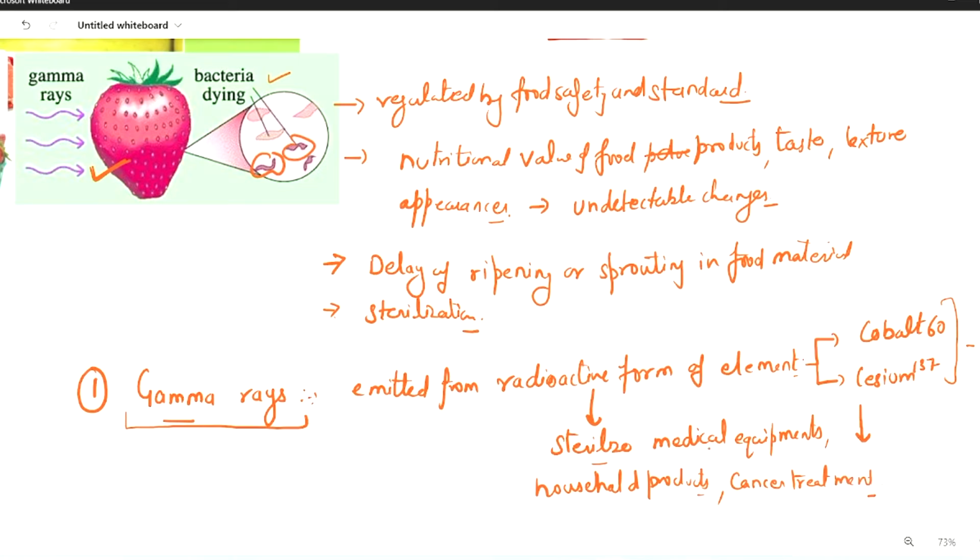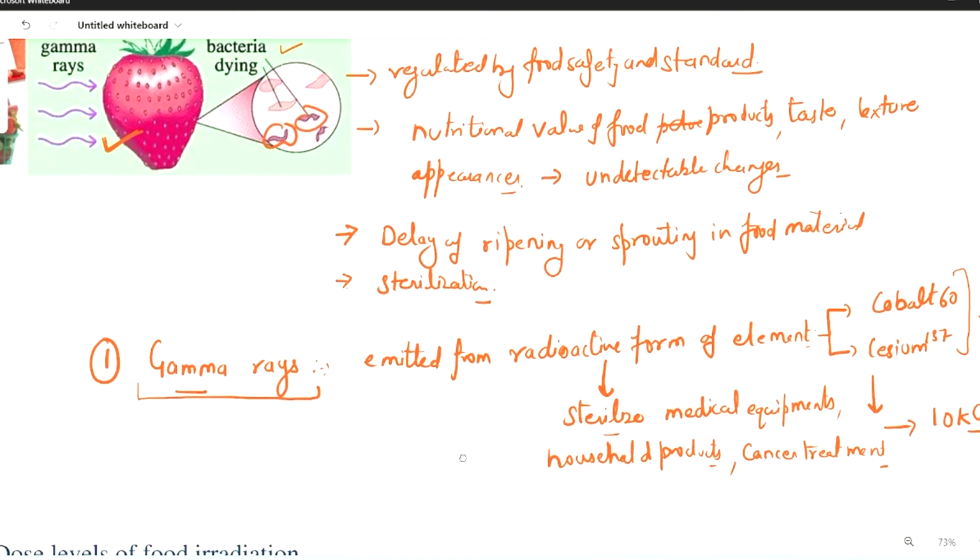And the dose for the gamma rays is 10 kilogray. It should not be more than 10 kilogray.